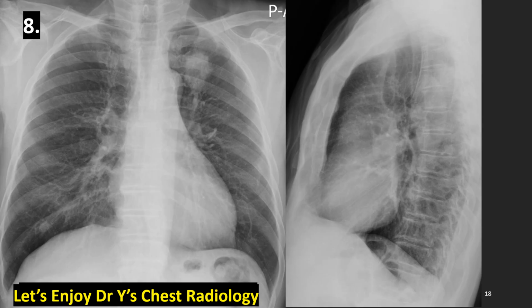Let's move to the left lung. What do we see with this frontal radiograph? Yes, a mass in the left upper lung zone. On the lateral film, the mass margin or density is not so clear.